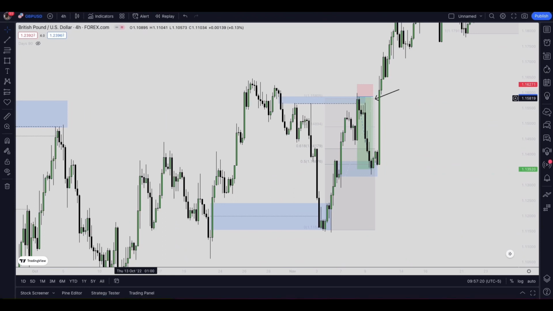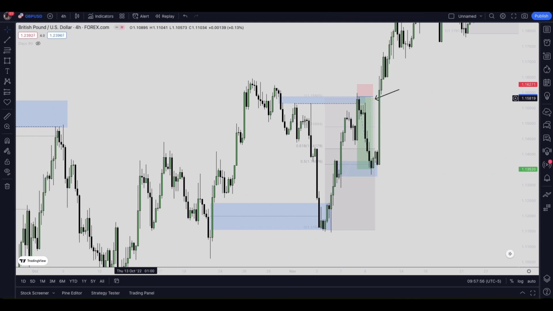The reason it works is because smart money hedges their trades, meaning they take longs and shorts in a bullish trend and also in a bearish trend, and in order for them to unload their longs or shorts, they need to come back to these areas with up candles and down candles.